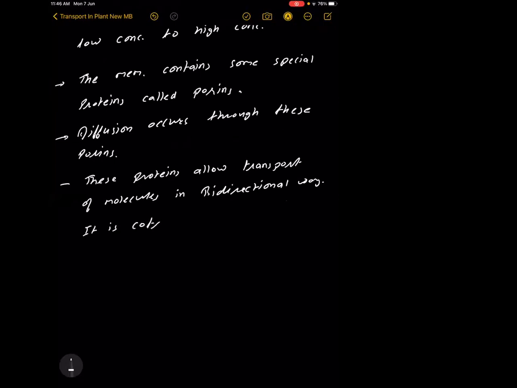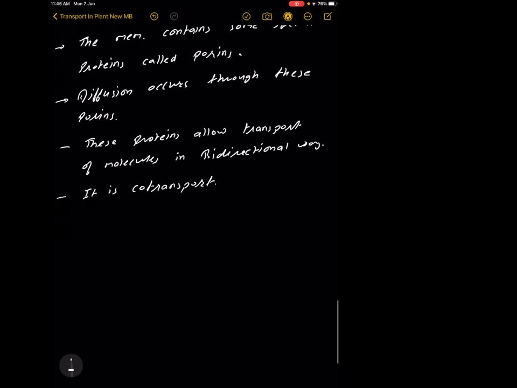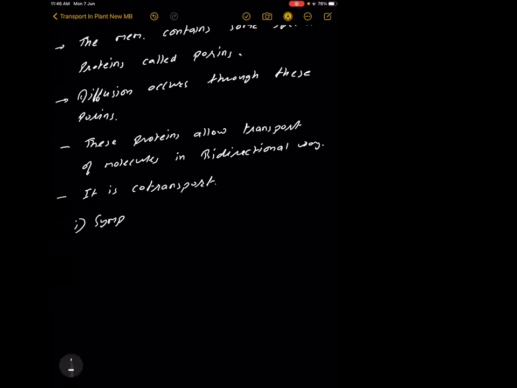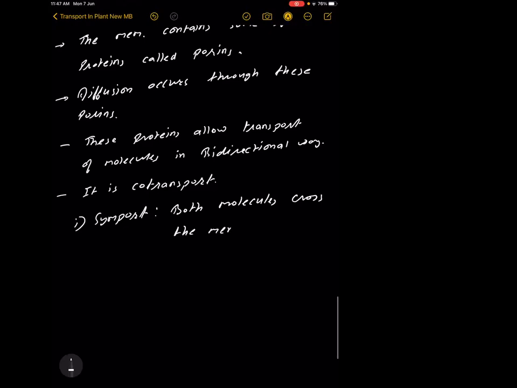It is co-transport. One is called symport, and in symport, both the molecules cross the membrane in the same direction.